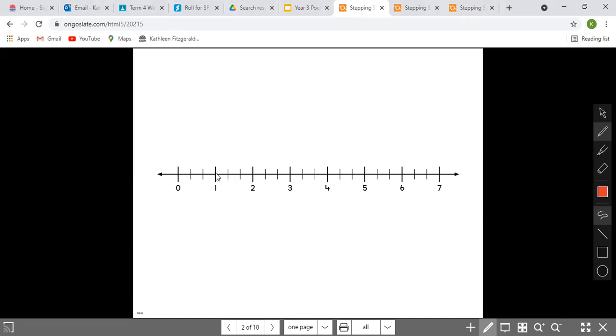So we're going to change it to say 1 and 1/3, 1 and 2/3, 1 and 3/3. Now we're at 2, 2 and 1/3, 2 and 2/3, 2 and 3/3, 3 and 1/3, 3 and 2/3, 3 and 3/3 is 4, and so on.